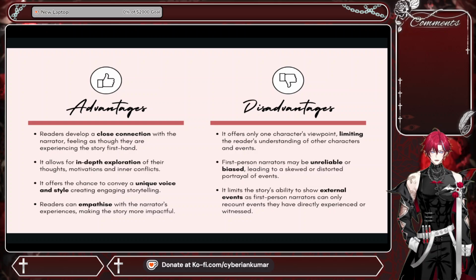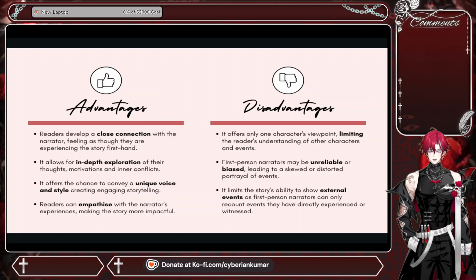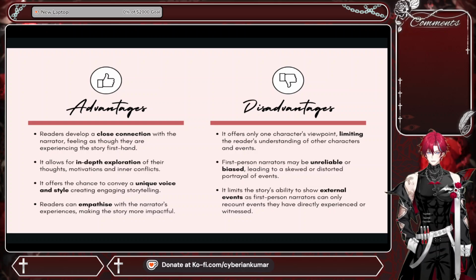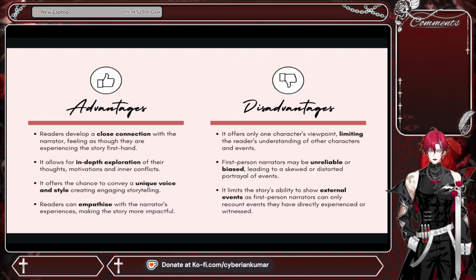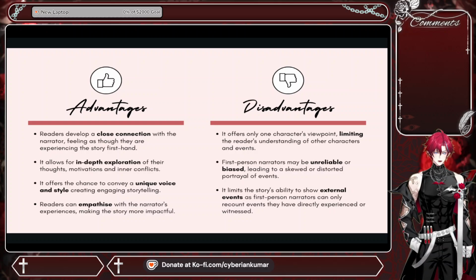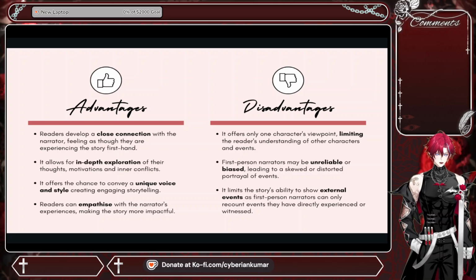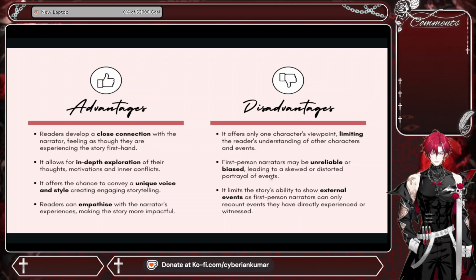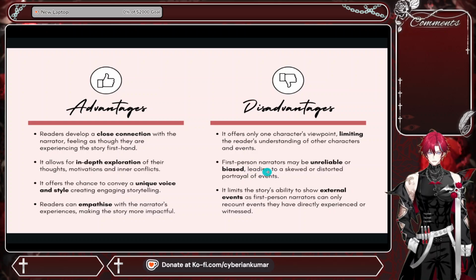So when you are living a life, you are biased, you are unreliable, depending on what character you have. So it is very difficult to have reliable or non-biased information and perspective of the story. So that is one of the limitations of having a first person narrative perspective.